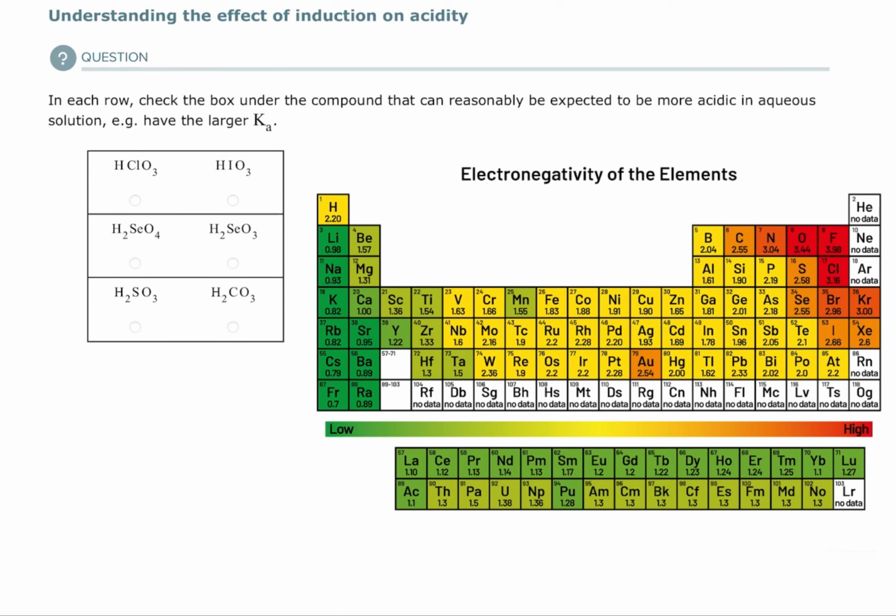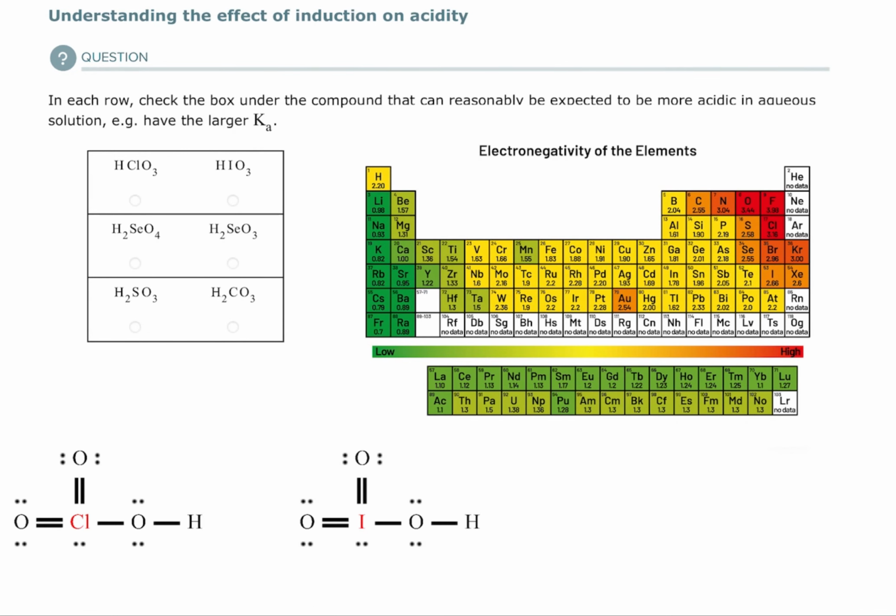So I simply look, the first one I've got Cl and I, okay? So I've got a Cl attached to that OH group, and it is going to pull that electron away from that H and make it easy to donate. So I look at Cl and I look at I, and everything else is the same.